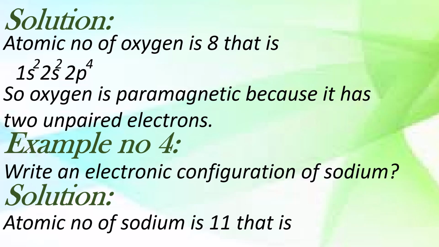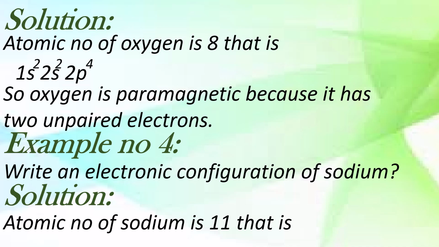So we will start with 1s, 2s, 2p according to the Aufbau principle. S means spherical subshell, p means dumbbell subshell. So we will put 2 electrons in 1s, 2 electrons in 2s, and because the remaining electrons are 4, 4 electrons in 2p.